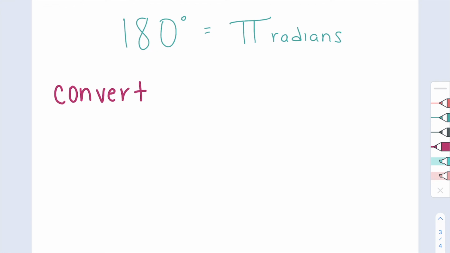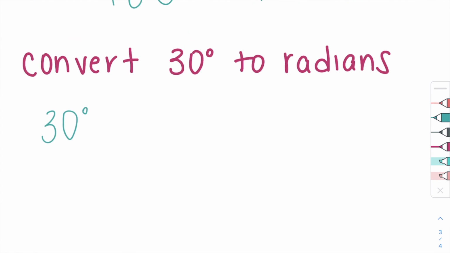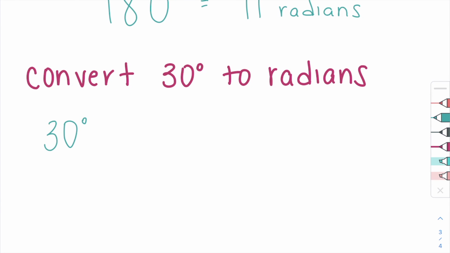So if we wanted to convert 30 degrees to radians, I'm going to take my 30 degrees and I can multiply a number by 1 and not change it, right? So if I know 2 things are equal, if my numerator of my fraction and my denominator of my fraction are the same, that fraction equals 1.